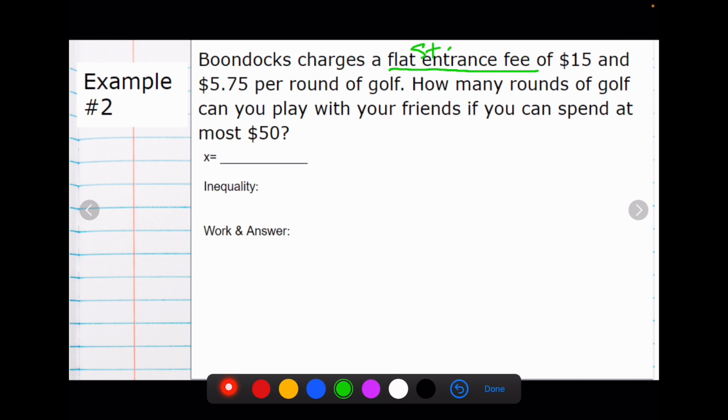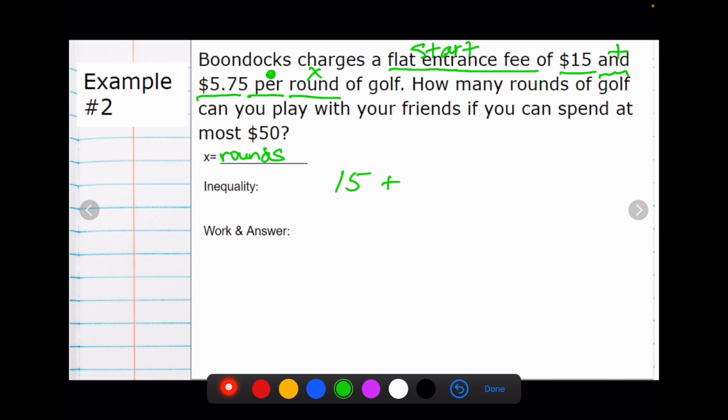That's your start off point is $15. So I'm going to write down 15. And remember, and means to add, so we're going to add $5.75 per round. Per meaning times, and round, we don't know how many rounds of golf he's going to play, so that is our x. So we're going to write that down. Rounds.